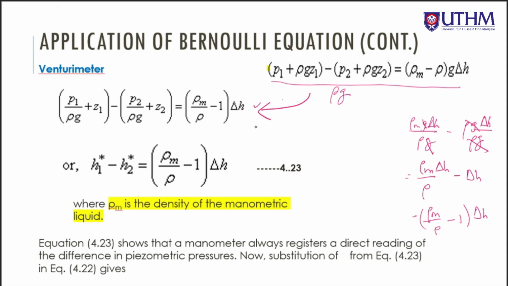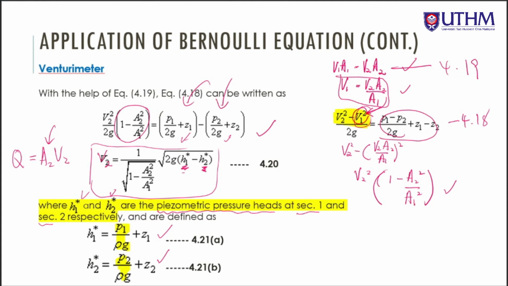Okay, kita akan dapat this equation, and then kita tahu ikut sebelum kalau kita bahagi rho G, kita akan dapat ni. This term is actually sama dengan yang tadi tu, which is the piezometric pressure head.